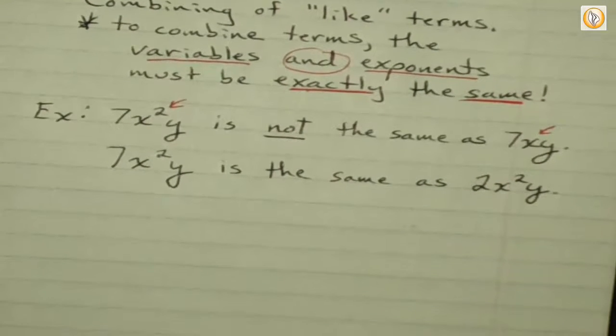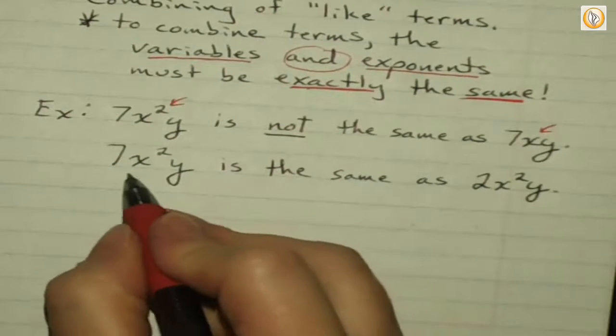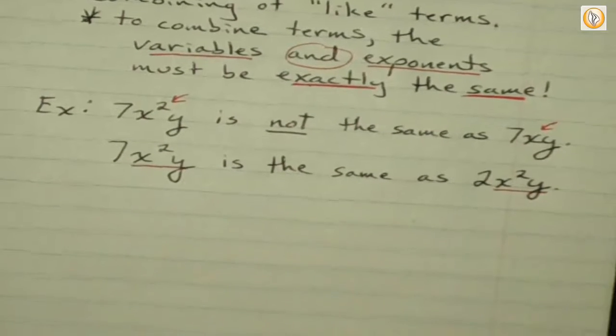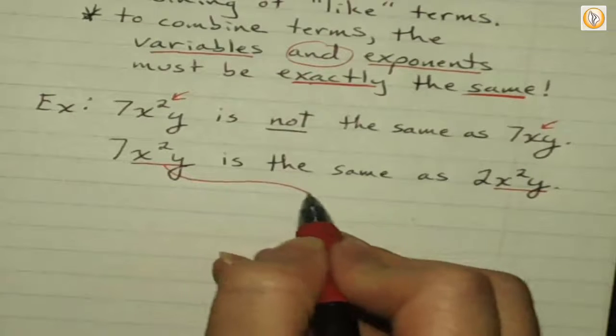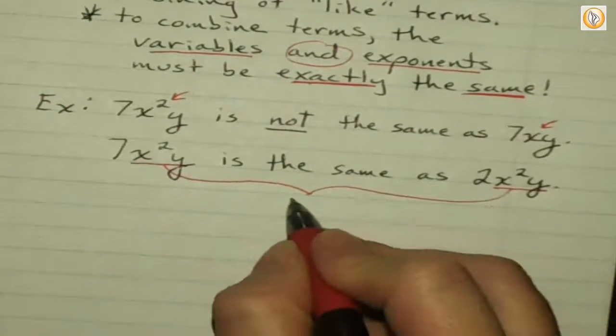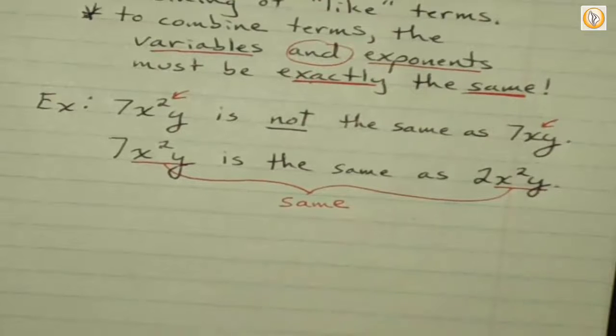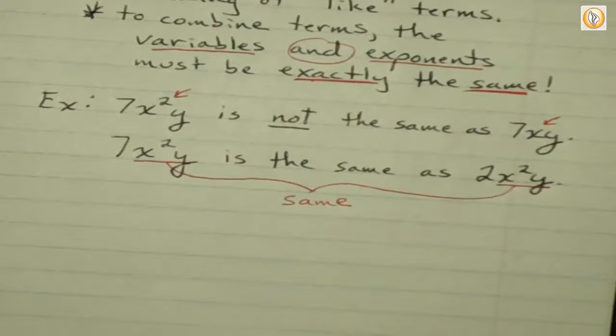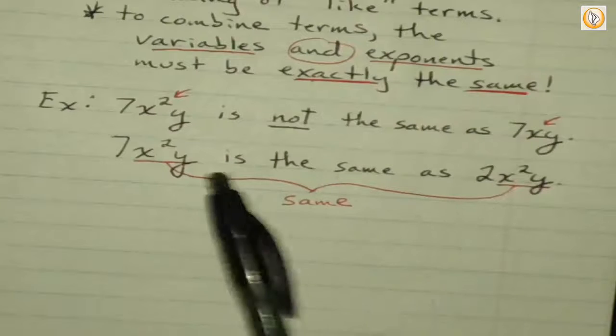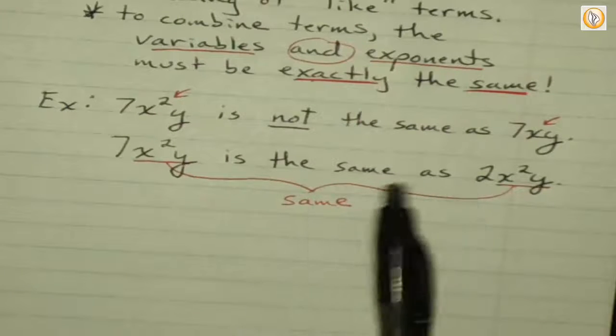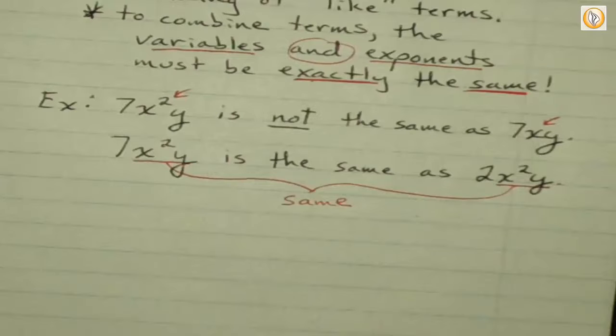So you can combine these because the letters and exponents are the same. Doesn't matter about the numbers. Do y'all see that? The letters and exponents have to be identical for you to be able to combine them. So in this case, right here, you could add or subtract those. Here, no, you can't do anything with that.